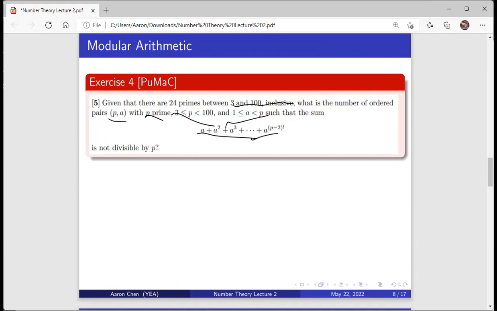So first off, if A is equal to 1, then this sum is just P minus 2 factorial. And it's never divisible by P, because P itself is prime.